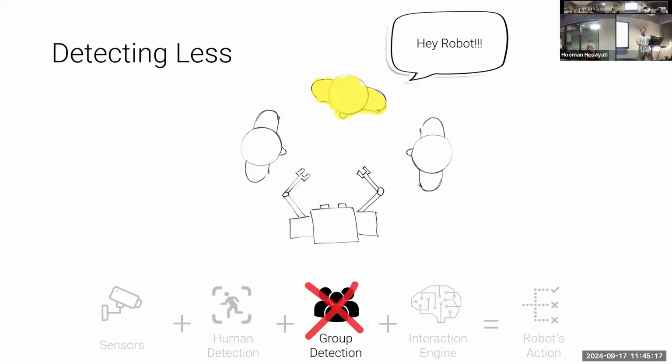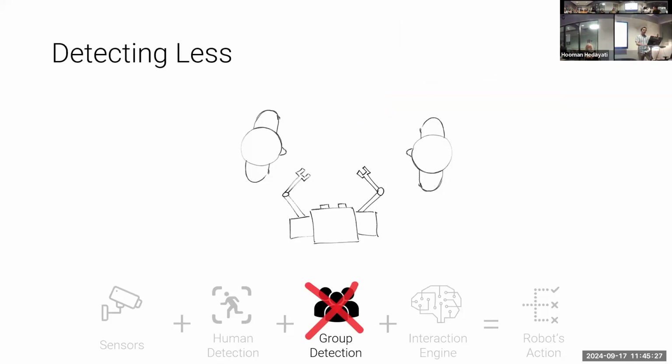One, we are detecting fewer people. For example, the person initiates the conversation, and since the robot cannot see them, it doesn't take any action. So it is going to be frustrating. The user might think that something is wrong, or the robot is ignoring me.